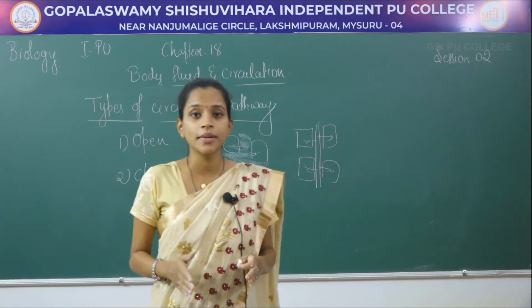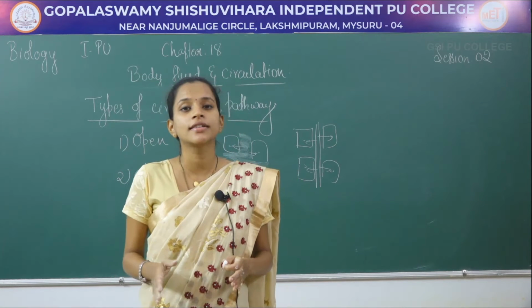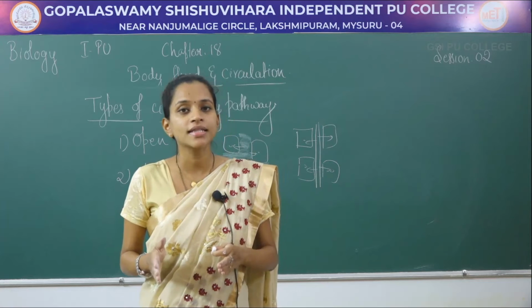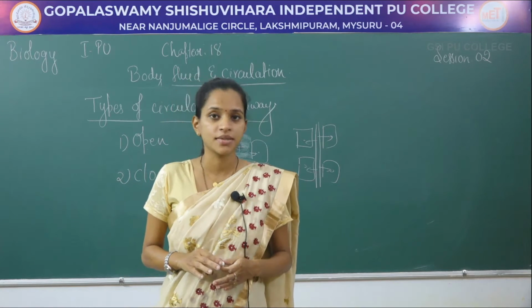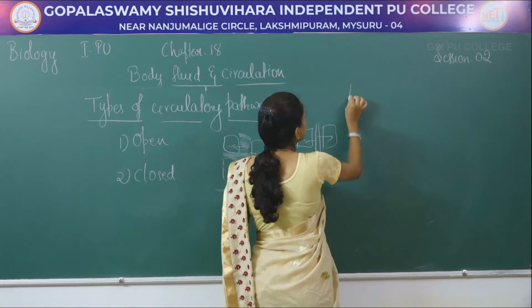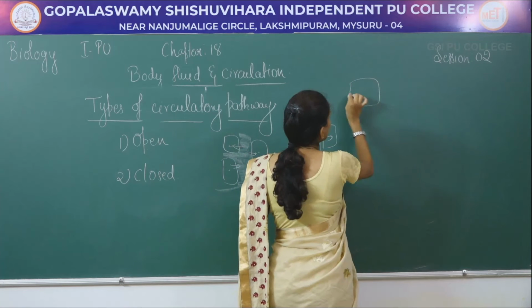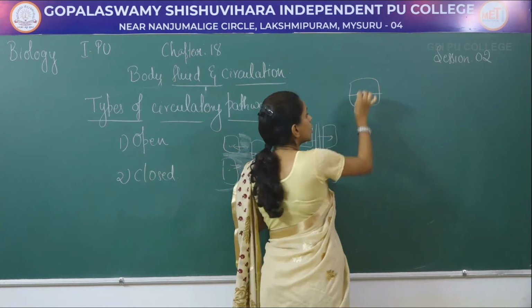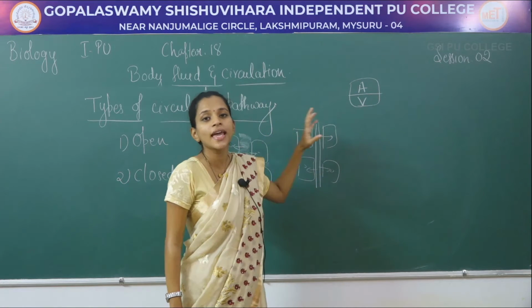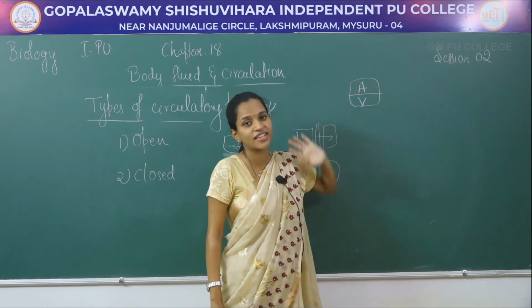When it comes to vertebrates, the closed circulatory system is different in pisces, in reptiles, in aves as well as in mammals. Fishes or pisces have a circulatory system made up of only two chambers, one is the auricle, one is the ventricle. So they do not purify the blood.